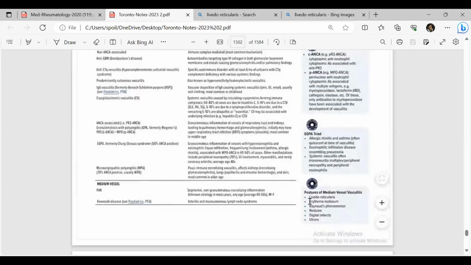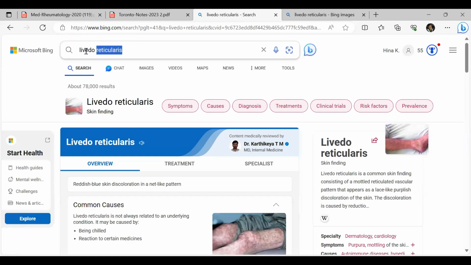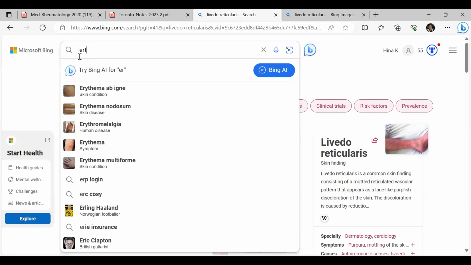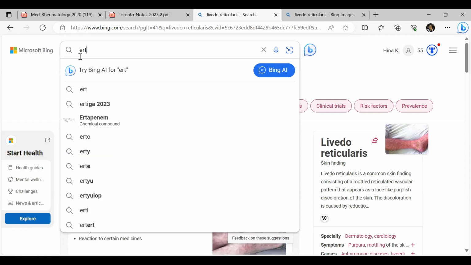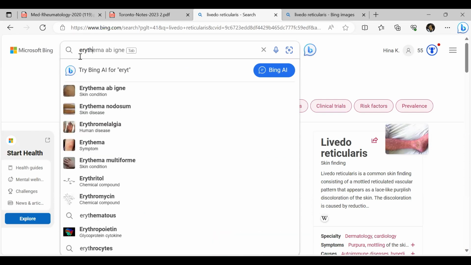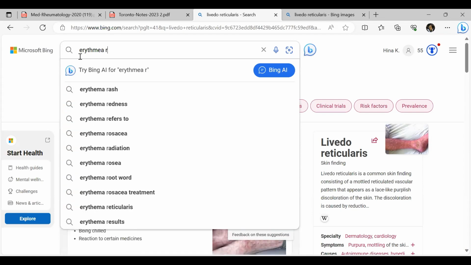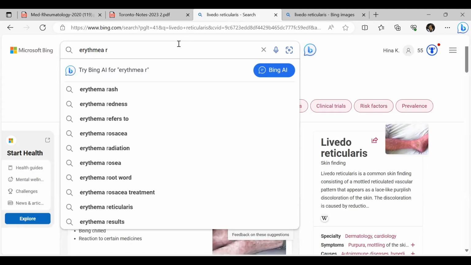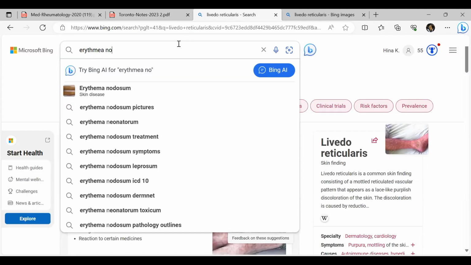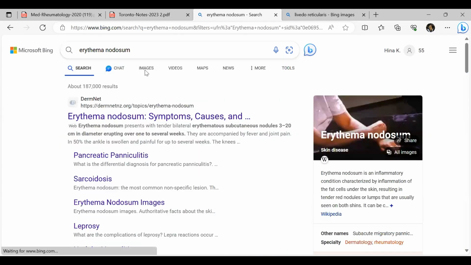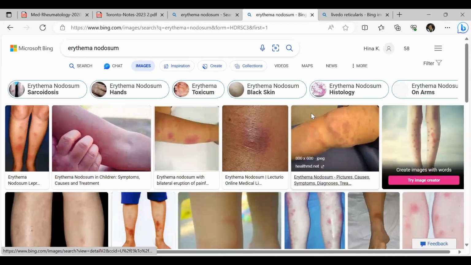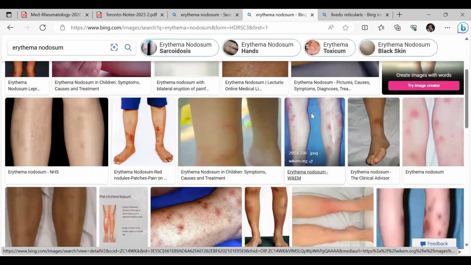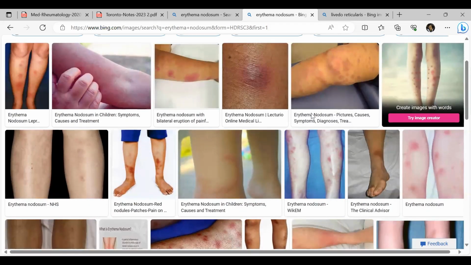Okay, livedo reticularis, erythema nodosum. It will be seen like this, with these kinds of ulcers.